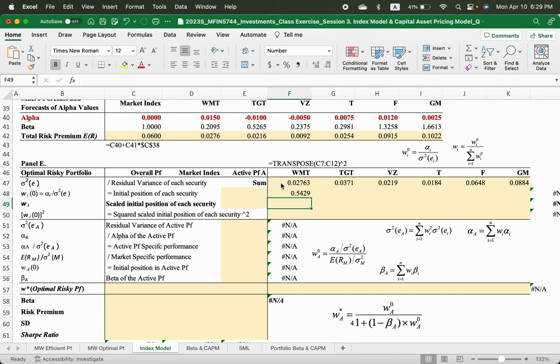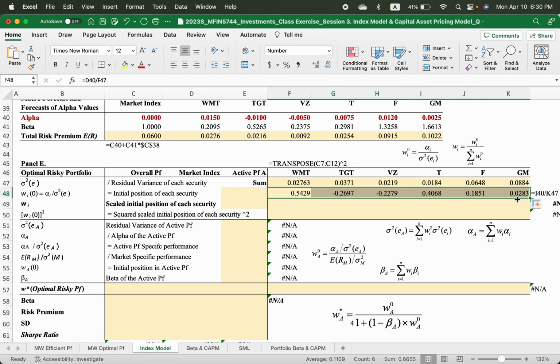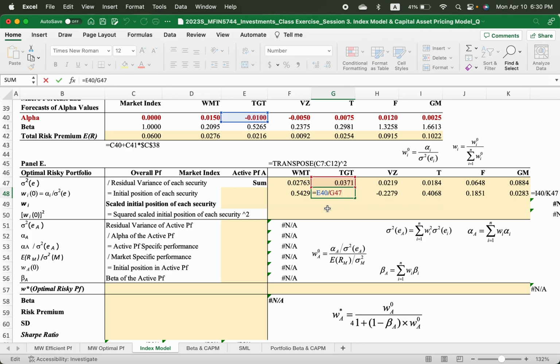This is just the position using this performance alpha over the variances, residual variances. So let's get this all. By doing so, we can find which one has the highest one, this performance alpha over the variance of the residual, the error. So we found this, right?